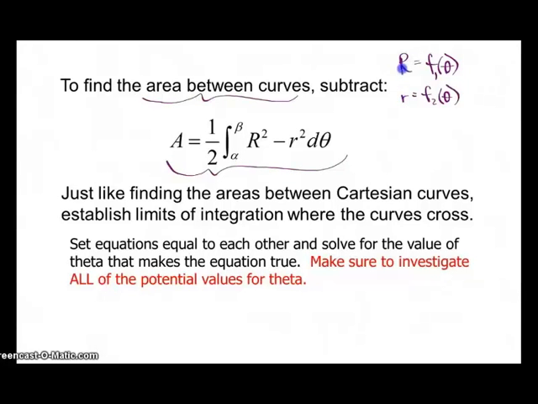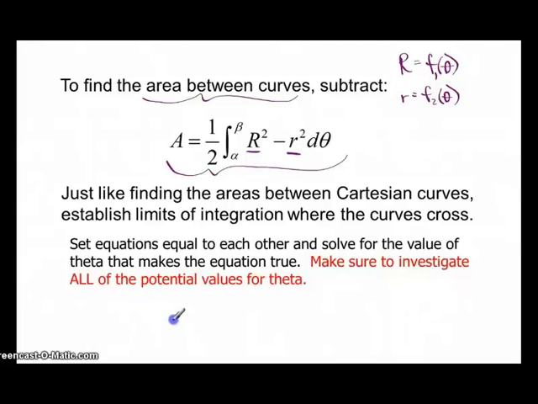Given that we might want to find the area inside of big R but outside of little r, or vice versa, we would use this, and we would draw a picture and pay strict attention whether it was big R minus little r, or little r minus big R.